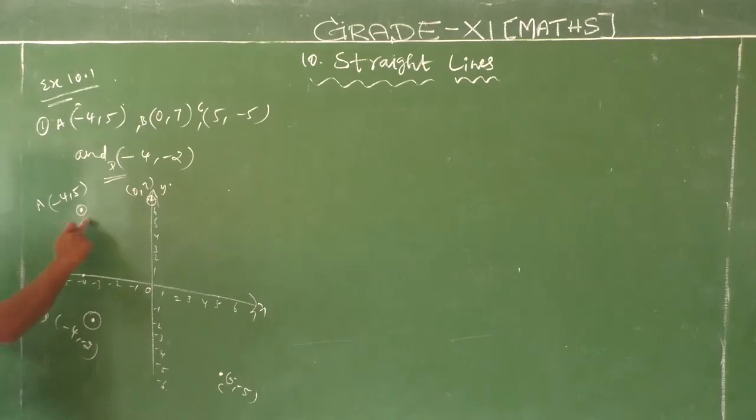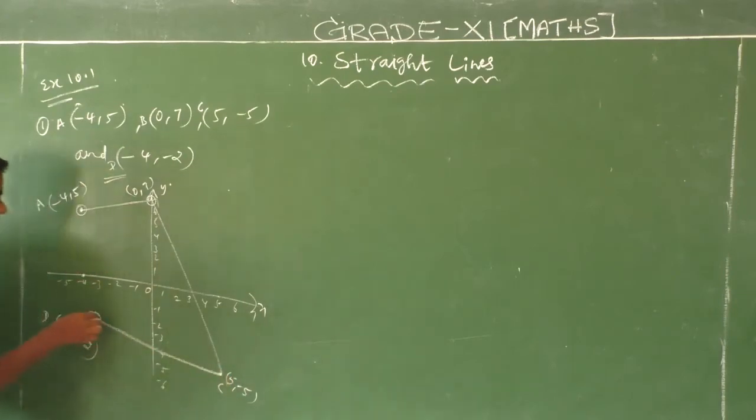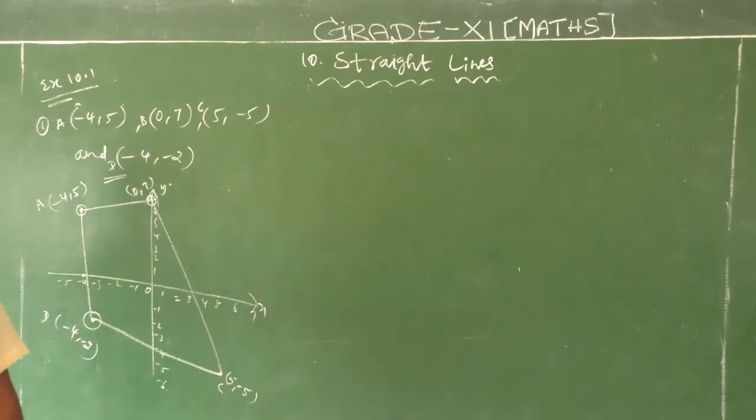So join A, B, C, D. Join A to B, B to C, C to D and D to A. This is the quadrilateral ABCD.